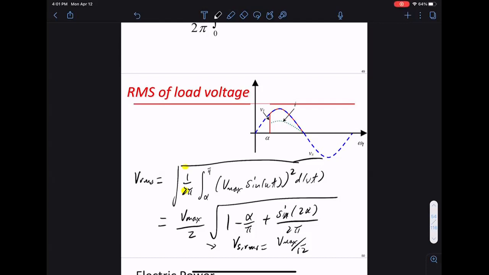Power is V squared over R, but you're squaring the V inside the integral, and you have to integrate that and find the average. So power just depends on VRMS and not the average voltage. I see. Okay. Thanks.